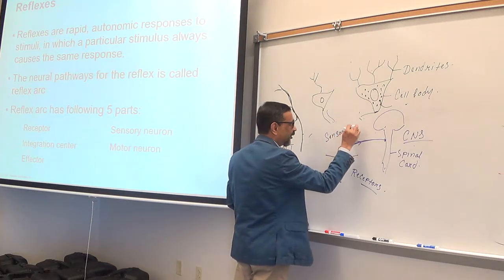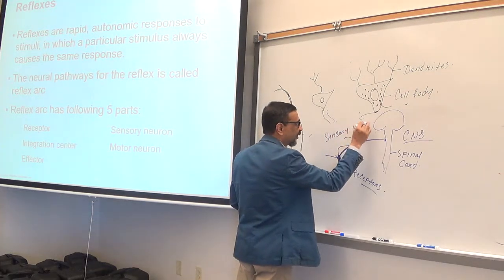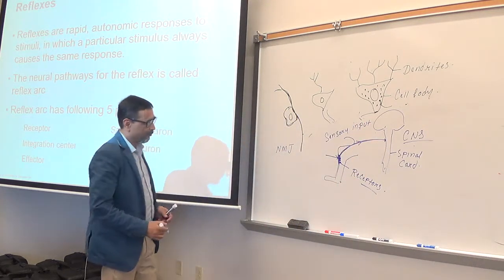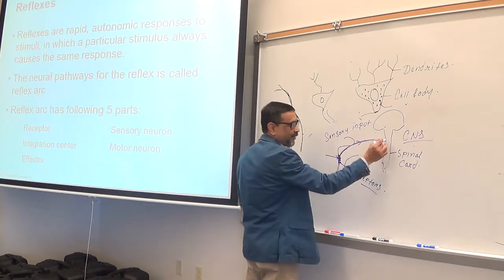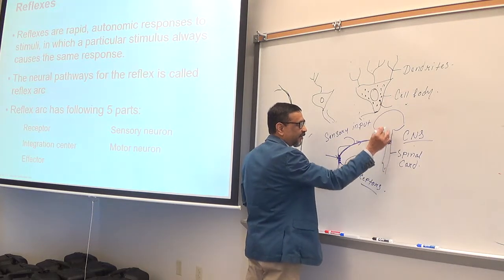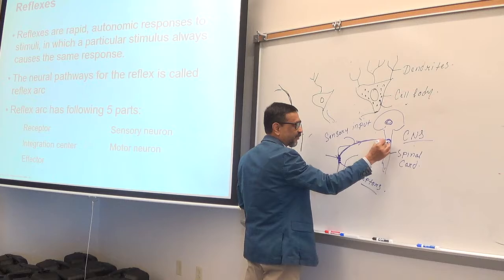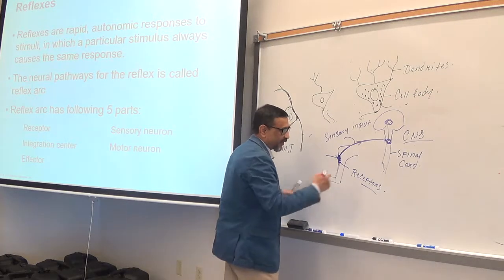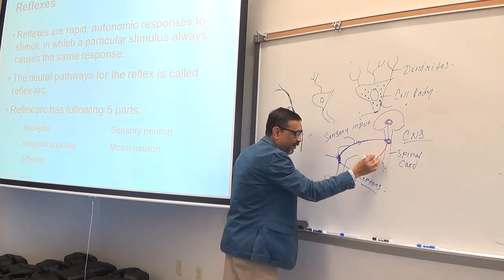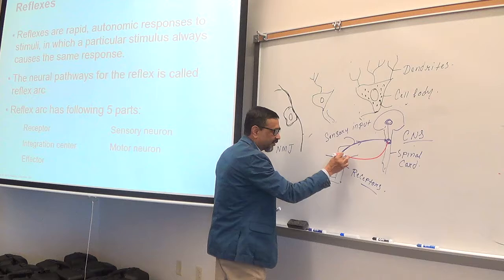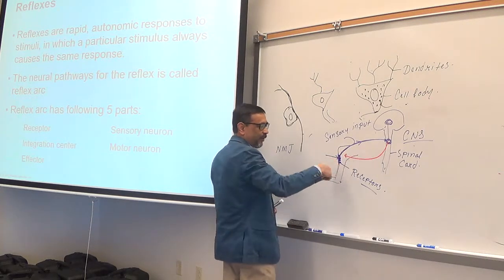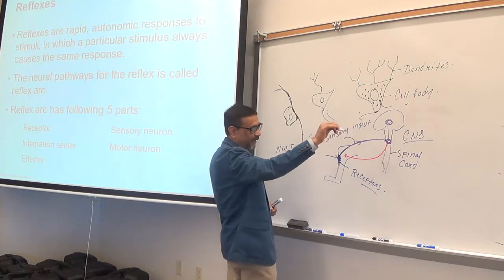Sensory input by the sensory nerve is taken to the spinal cord. And then integration will occur in the central nervous system. It can go here or be processed here. And then the central nervous system sends the motor output to the muscles, not to the ligament. The motor command goes to the muscle to move the leg.